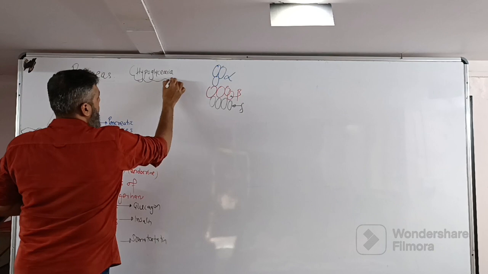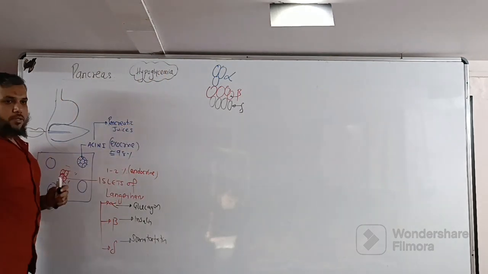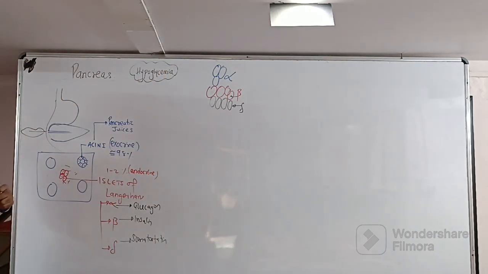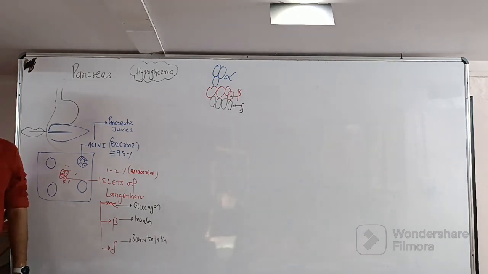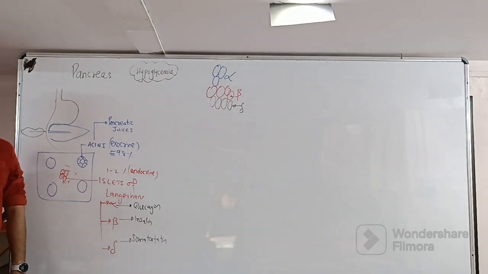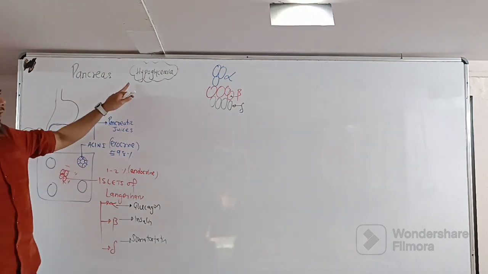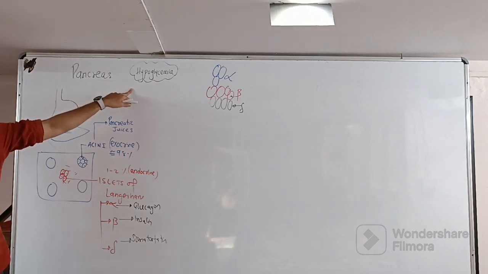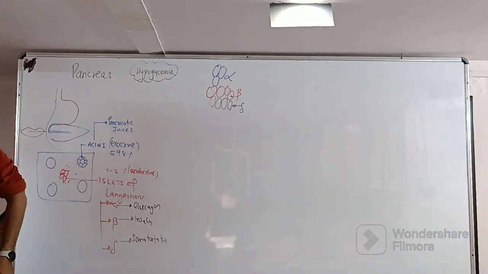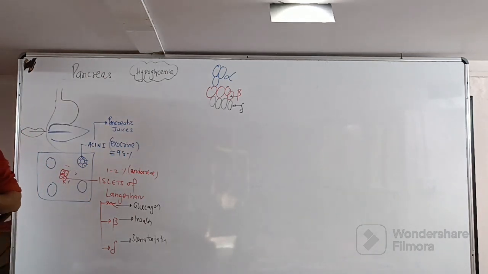What is the condition called, bachalo? Hypoglycemia. What do you mean by hypoglycemia? Low blood sugar levels. Hypo means low, glycemia means sugar levels. So hypoglycemia means low blood sugar levels.